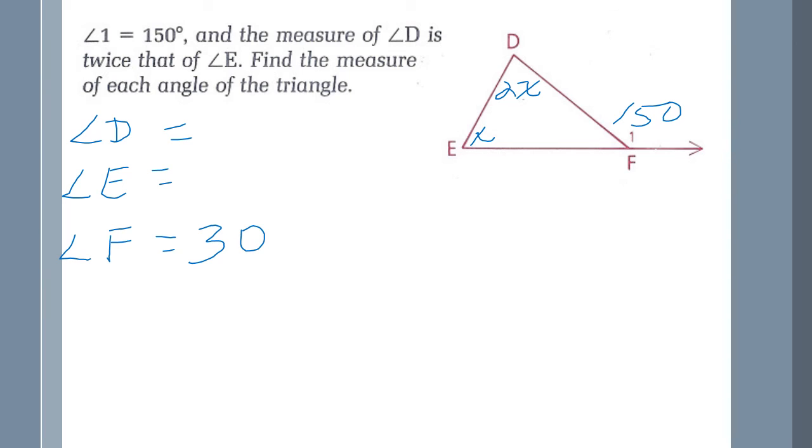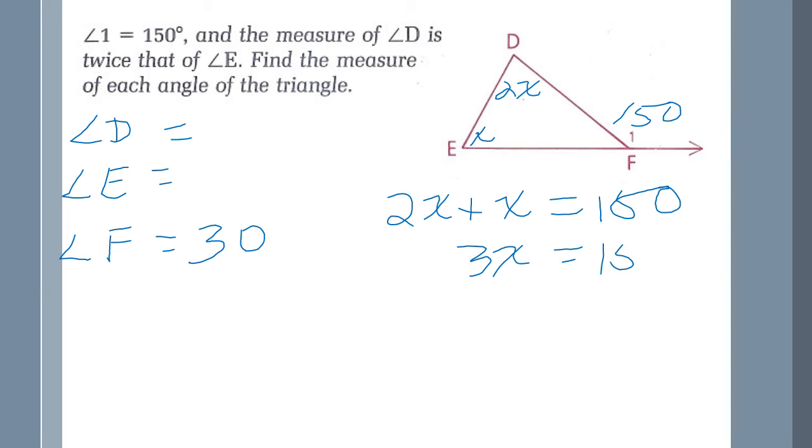So now it's to find D and E. Well, we know that 2x plus x would have to equal 150. We're using the exterior angle theorem. So 3x equals 150. x is equal to 50. Well, angle E is 50, and therefore angle D is 100.